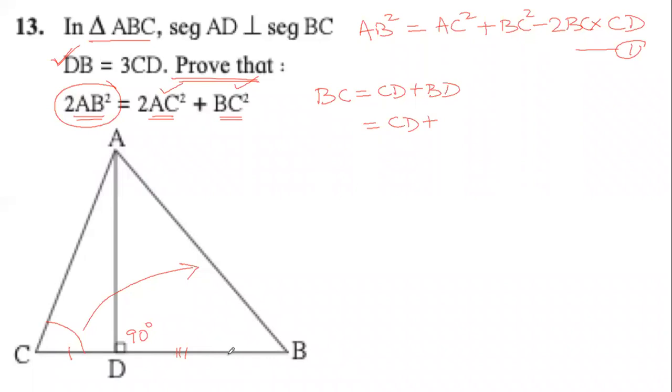You can come out of mute and speak, or you can type in the chat. Very good, Prachi. It will be 3CD, which makes it 4CD. Now, if we take this 4 from right hand side to the left hand side, it becomes BC by 4 equals CD, or we can say CD equals BC by 4. This is our equation 2.